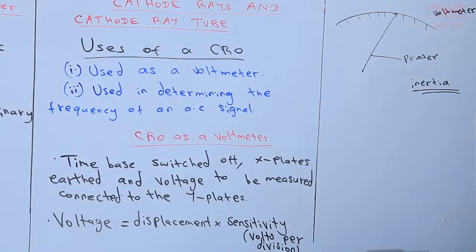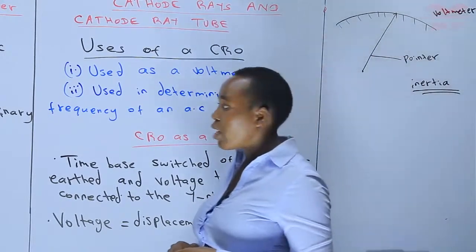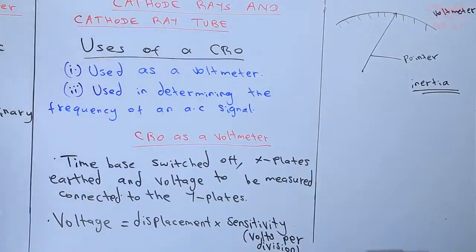But a CRO is not affected by inertia. Therefore the reading will just be read directly instead of the pointer having to swing about the point where the reading is to be taken. So that is another advantage of a CRO.